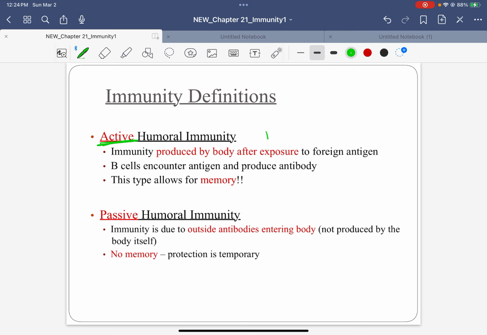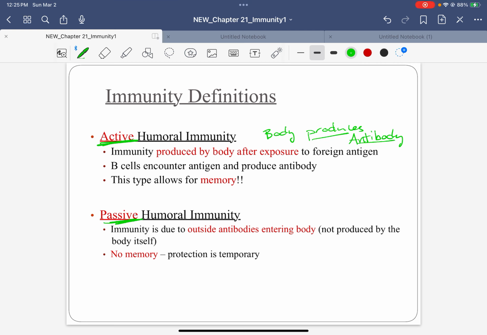Active. Body produces antibody. Anytime your body makes the antibody, it's considered active.